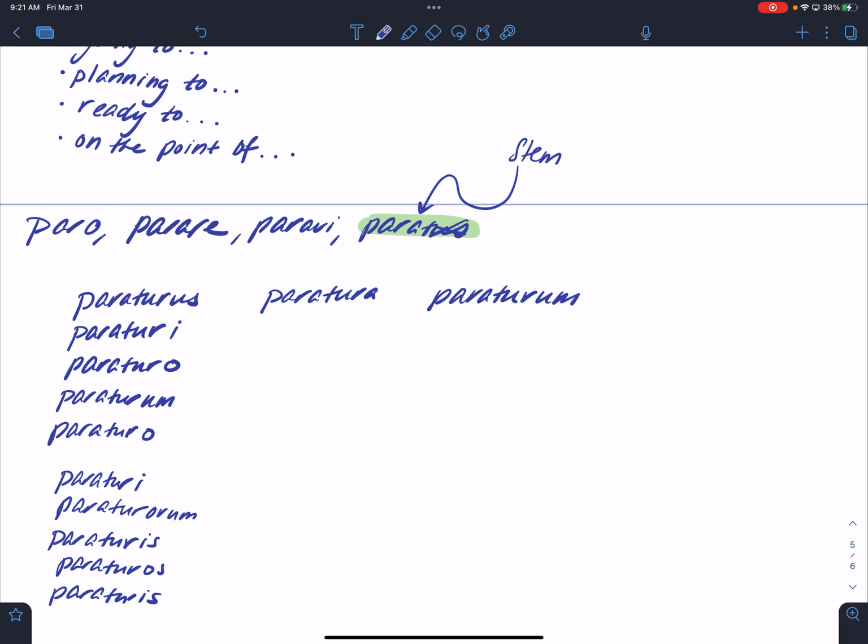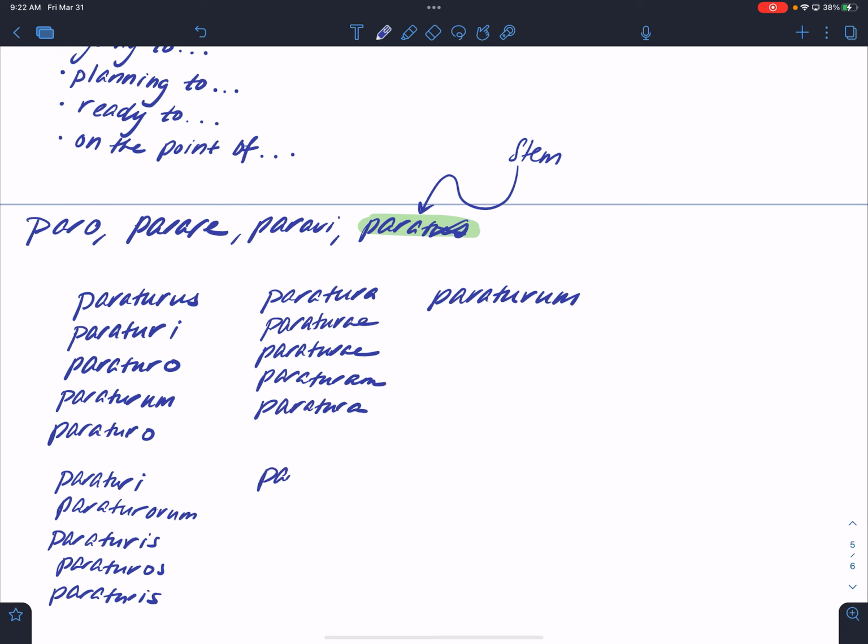Okay. Then we'll do the feminine. Same as the first declension endings that we know. So paratura, paraturae, paraturae, paraturam, paratura.